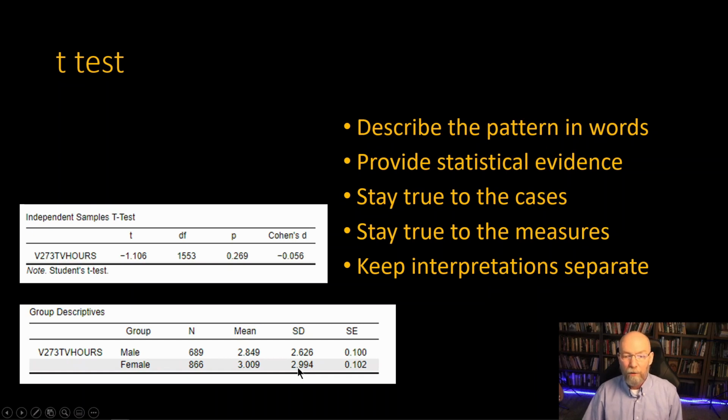All right, so what would I say in words? I'd say that basically they're the same. Women on average watch a tiny bit more television and maybe have a tiny bit more dispersion around the mean. They have more varied answers, but really 2.8 hours, 3 hours, men and women basically watch television on an average day about the same amount.